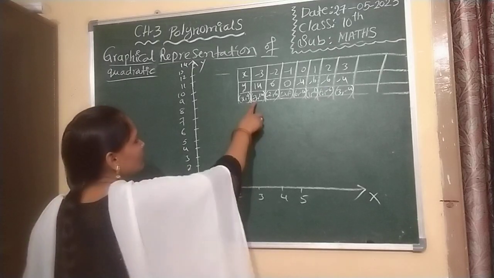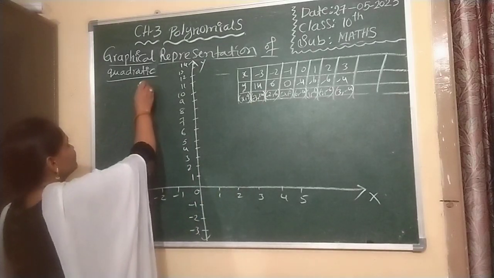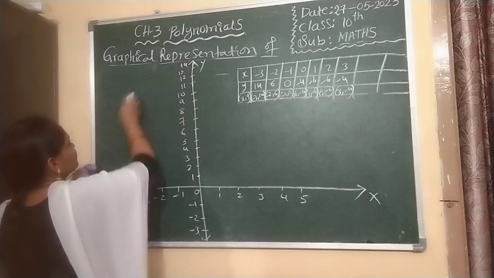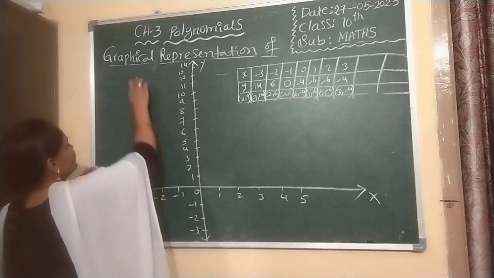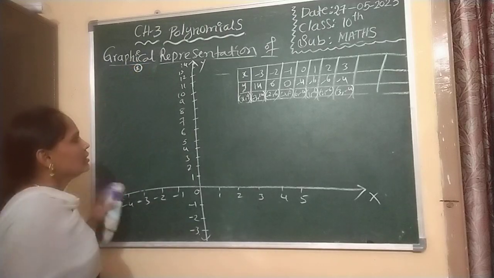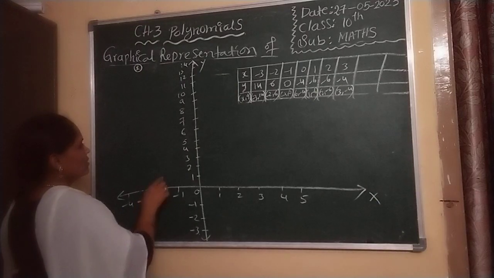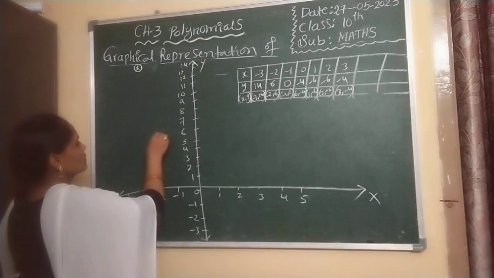Here minus 3 comma 14. This is minus 3 here, and 14 here. Next, minus 2 comma 6. Here 6 is there.